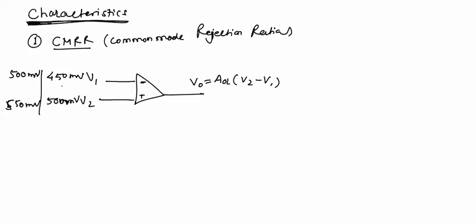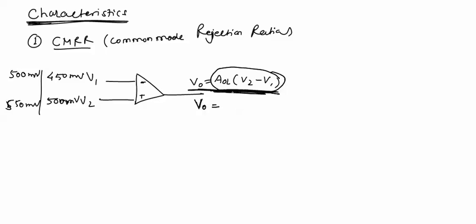So from here we conclude that the output of the operational amplifier is not equal to this, but we will try to compensate all the changes in the output equation so that the output equation becomes equal to this.